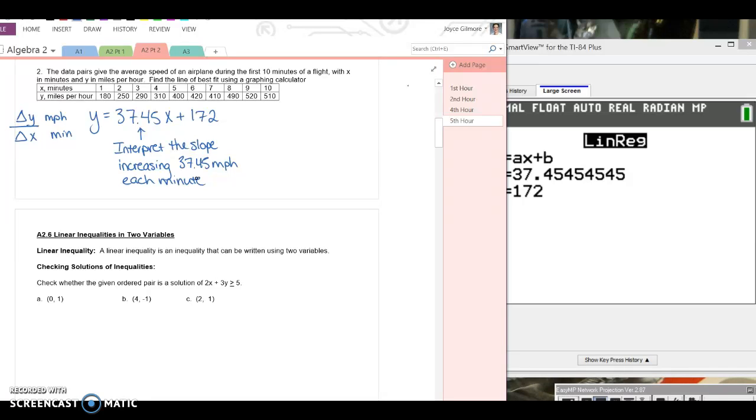The next thing that they're going to ask you is, using your model, remember model is another word for equation. So using your model, assuming this pattern continues, estimate the speed of the plane at 12 minutes after takeoff.